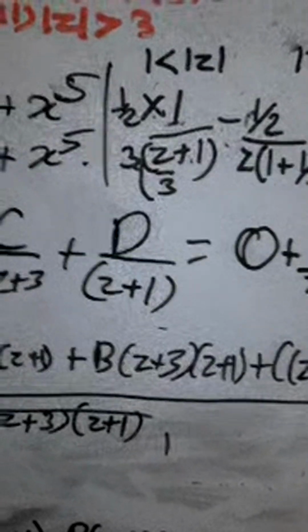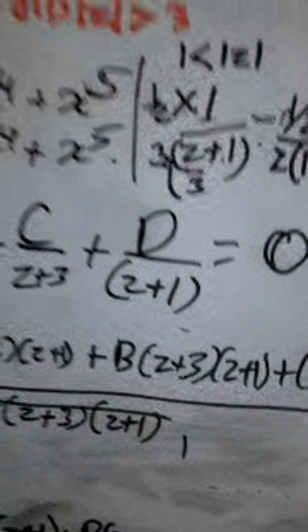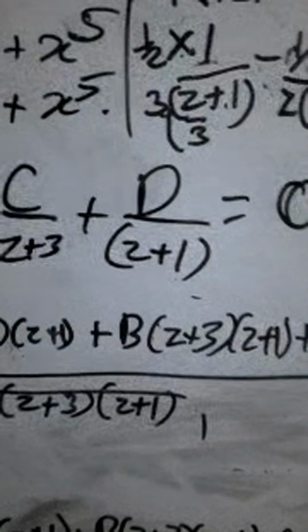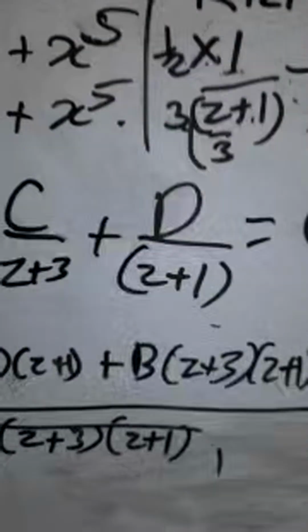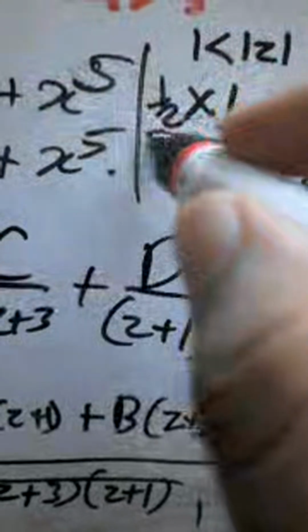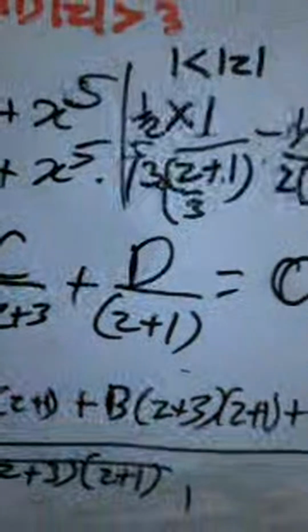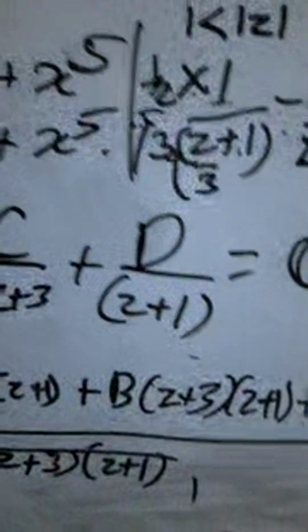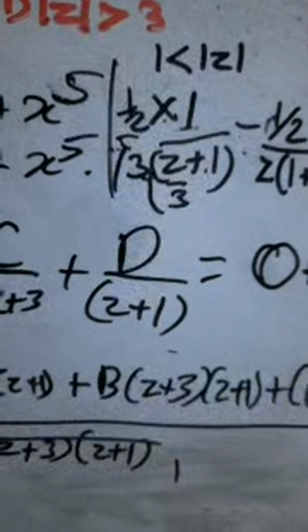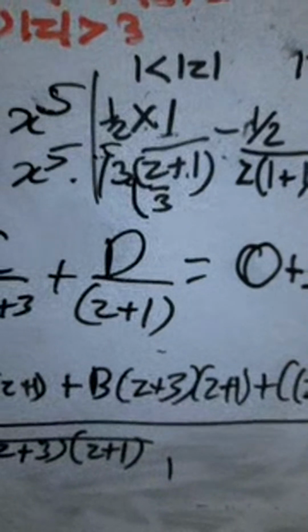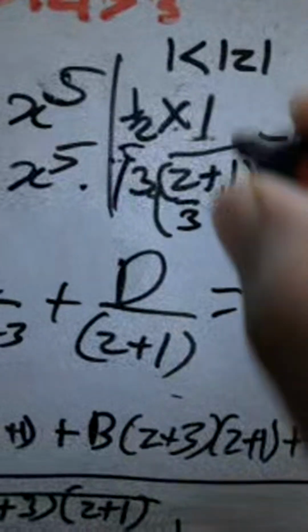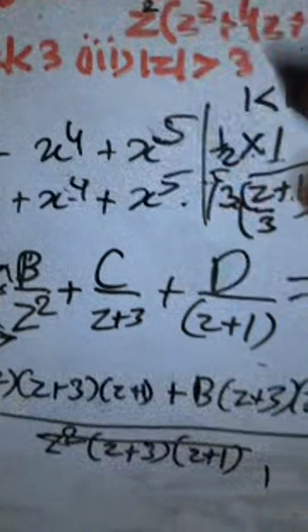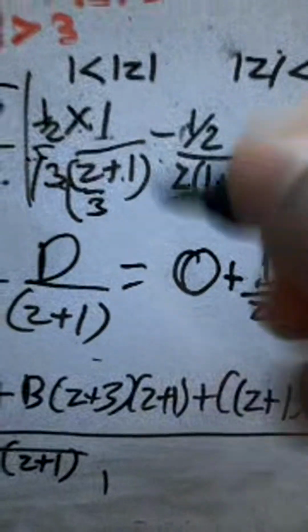So 1 by 2 into 1 would remain the same, 1 by 2, into 1 by 3 by z, whatever it is. So it would stay the same, one half by that. If that stays the same, we can write it like this, and now we can use this in our power series, and this half would multiply later. We can keep it in multiplication.